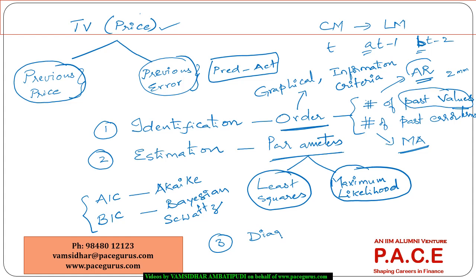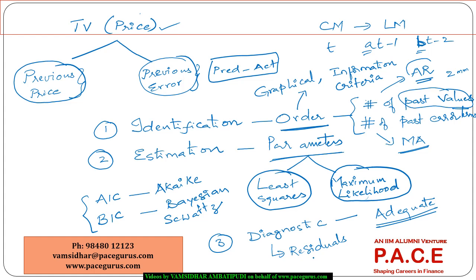So we are actually checking the model. The model created in steps 1 and 2, I have to check whether it is adequate, whether it is sufficient to do the forecasting. What we look out for here are the residuals.